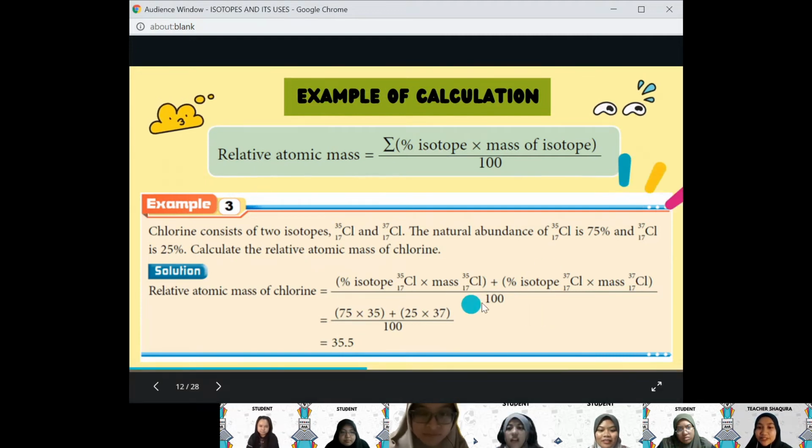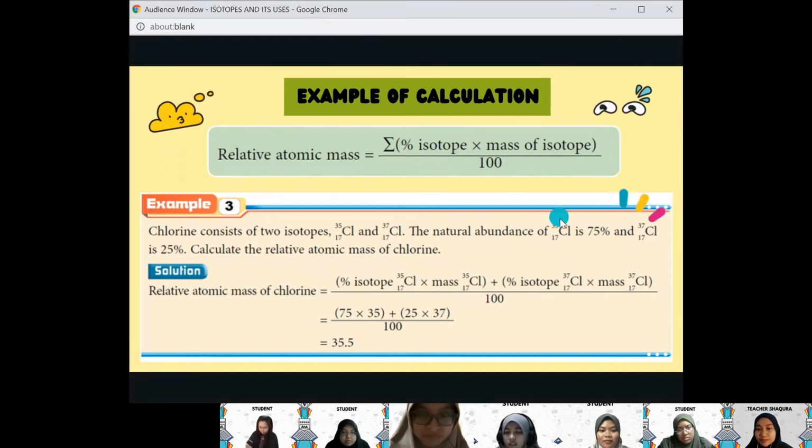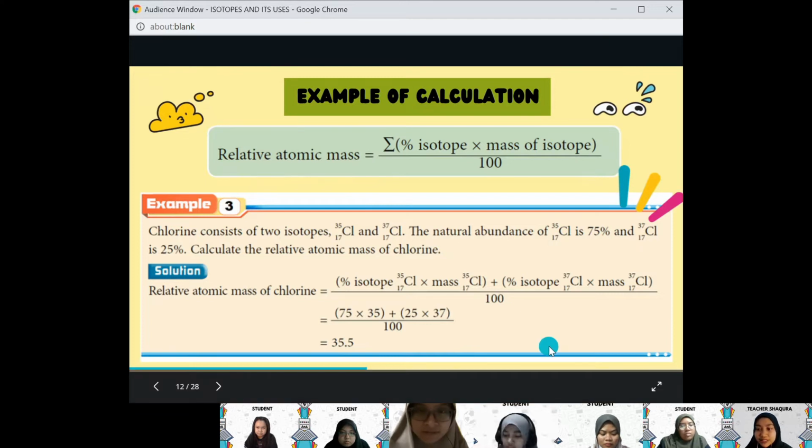We can look for the mass of chlorine-35 on top of this. Can you see this? Just now we have discussed, right? The number on top is the nucleon number, or also we call it atomic mass. And the number below is the proton number. So from there we can know the mass of chlorine-35.